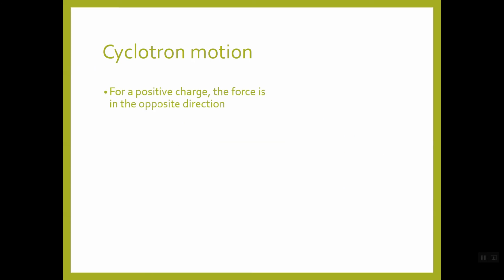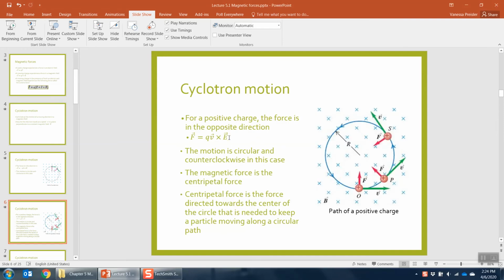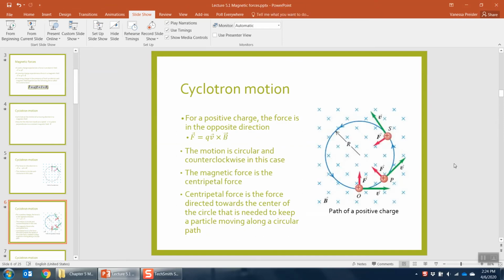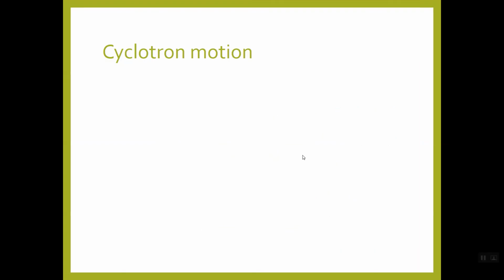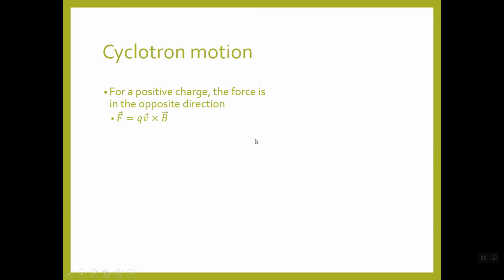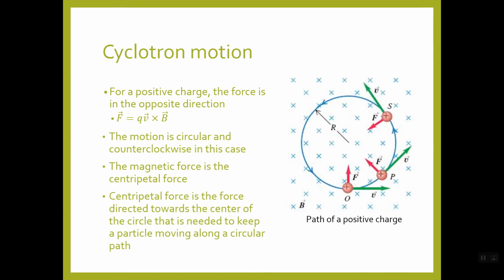We can do the same thing for a positive charge. Again, let me change this to a B field. So now if we have a positive charge, we are also going to get circular motion, but now it's going to be counterclockwise in this case if we have the magnetic field going into the page.